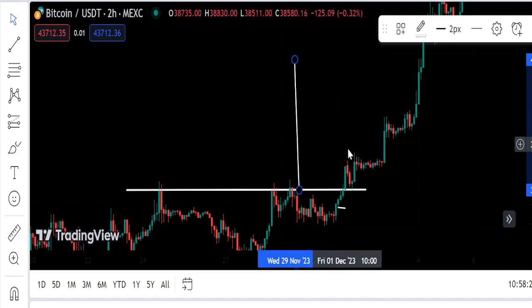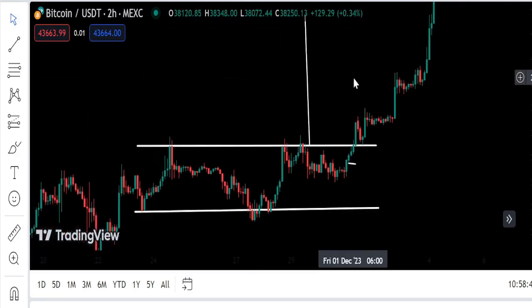And once again, when your target is hit, you could also trail a stop loss. Of course, you already know how to trail a stop loss. So that's how you can enter the trade for a bullish rectangle.